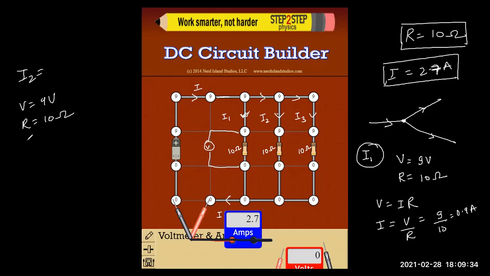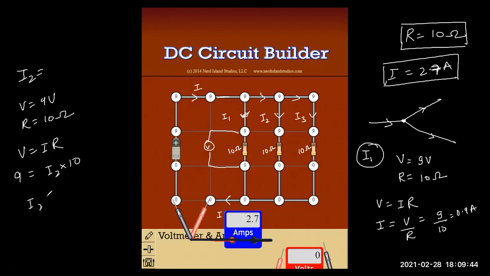Then V is equal to IR, V is 9, and I we need to calculate. And in each case you see you get 0.9, 0.9, 0.9.